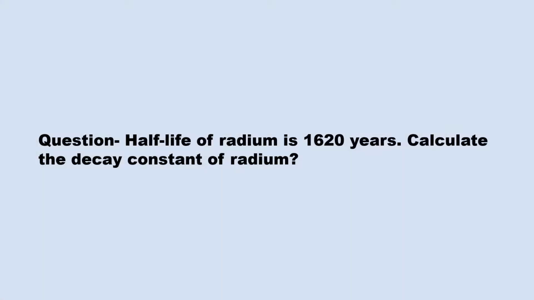The question gives the half-life of radium, and you have to calculate the decay constant of radium. The half-life is represented as capital T, which is 1620 years, and lambda is the decay constant.